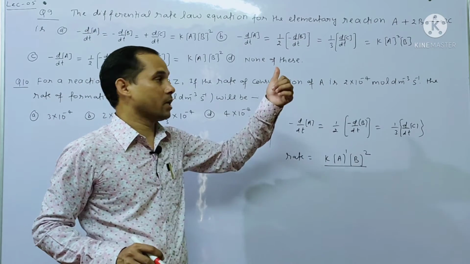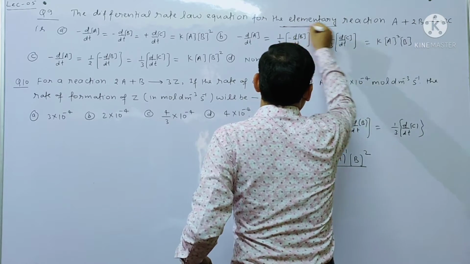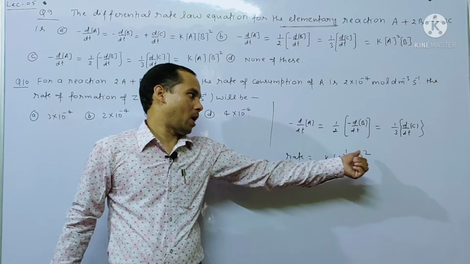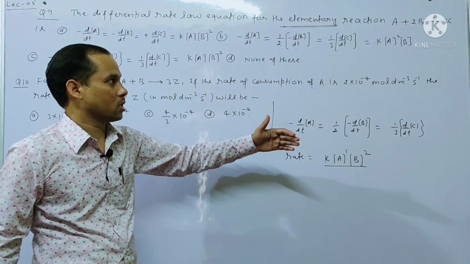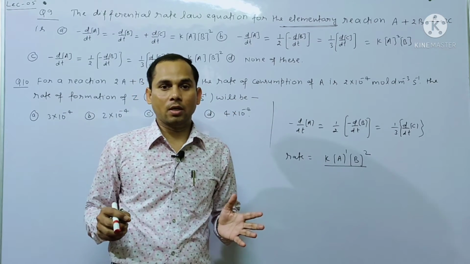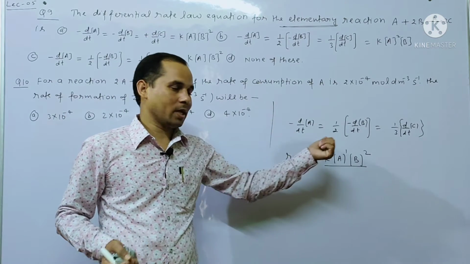Because this is an elementary reaction. One more thing to always remember: if it is an elementary reaction, then we can raise the concentrations to their stoichiometric coefficients as powers. But for normal reactions, if it is not given in the question that it is an elementary reaction, then we cannot write the stoichiometric coefficients as powers.